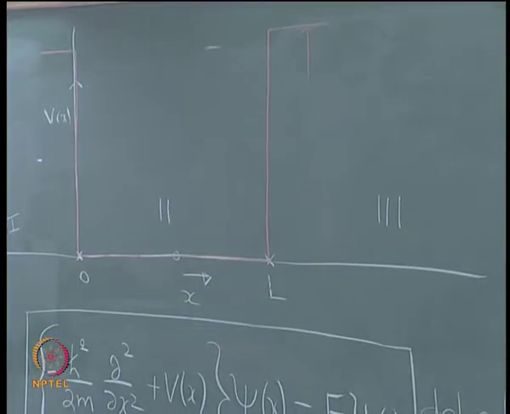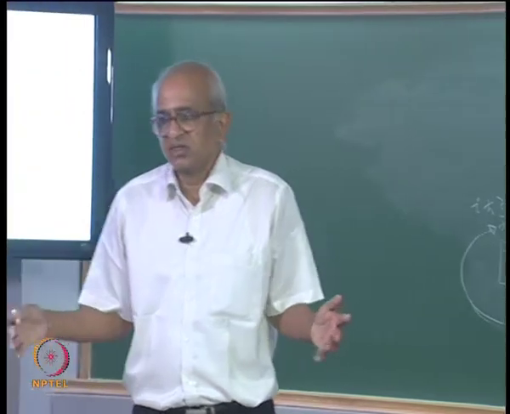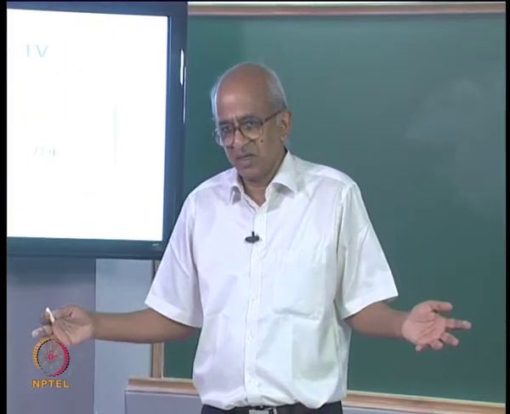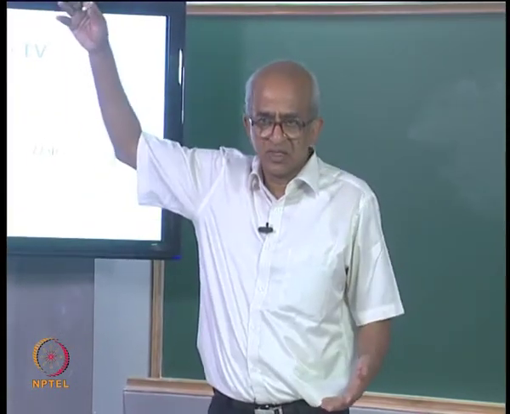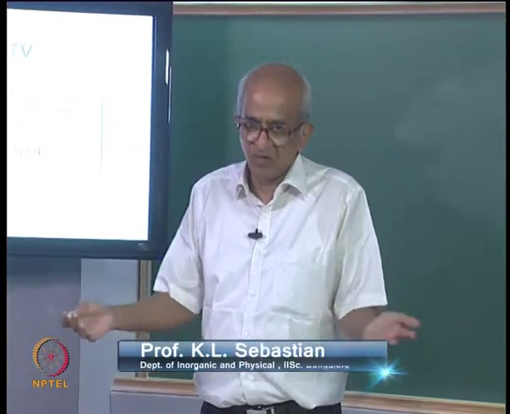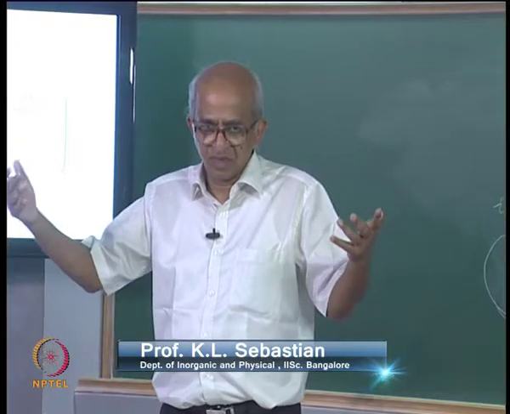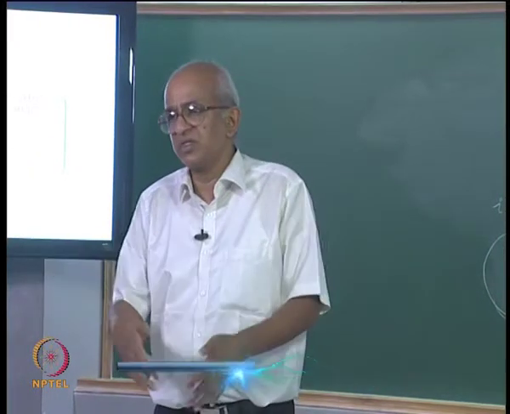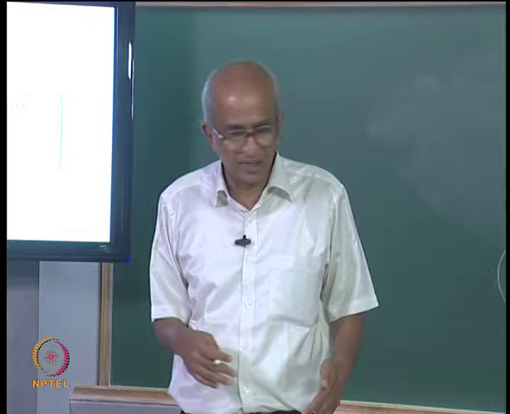But outside the box there is no probability of finding the particle. Why? Because the potential energy is very large, and we are saying that the particle has a finite amount of energy, not an infinite amount of energy. So there is no way in which the particle is going to go into that region.